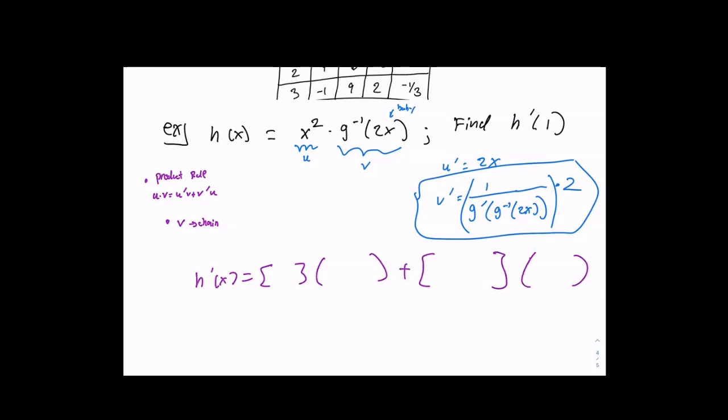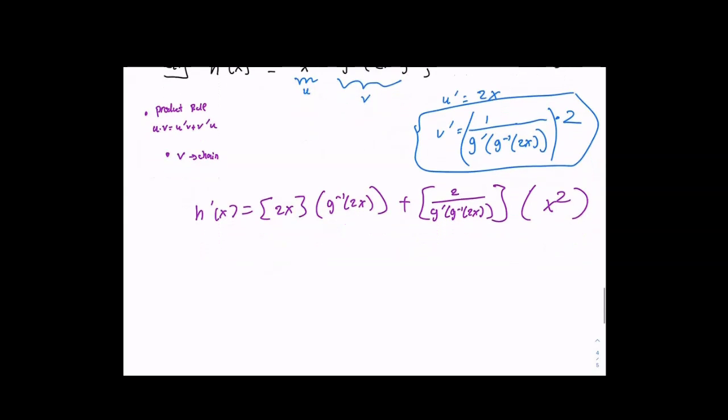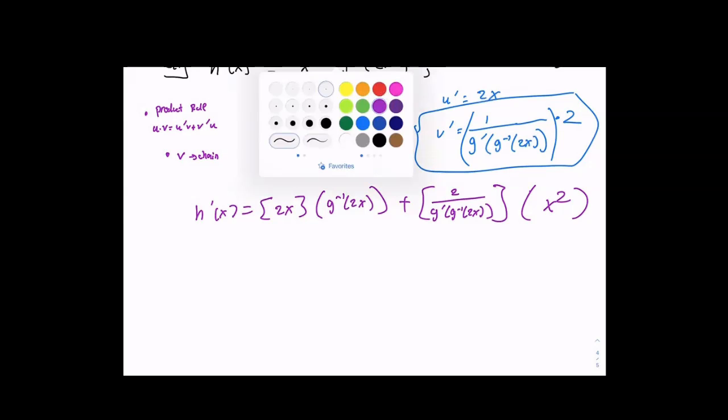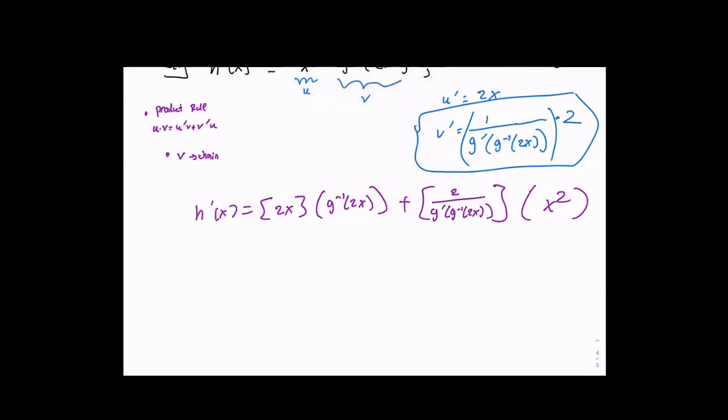So u prime is 2x times v plus v prime times u. And now I can find h prime of 1.